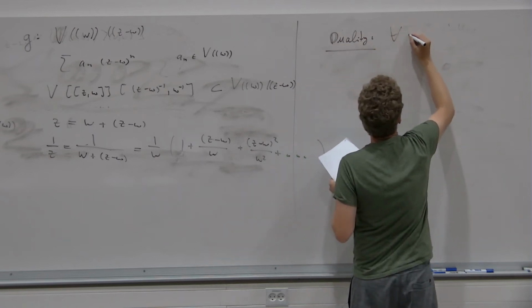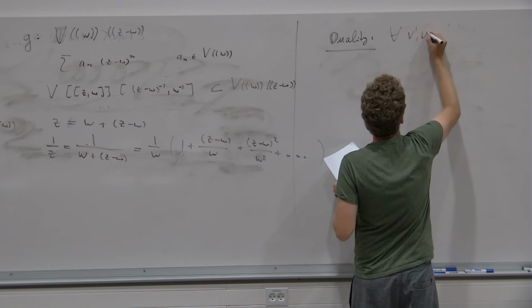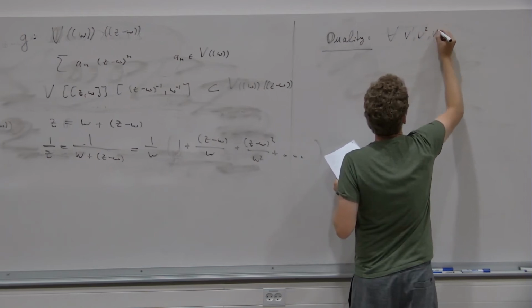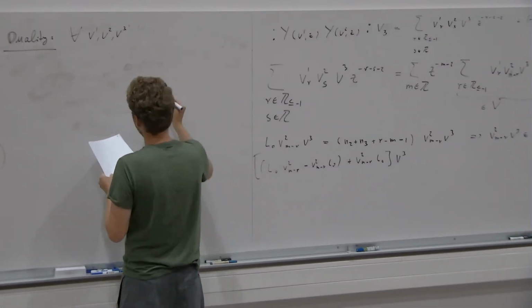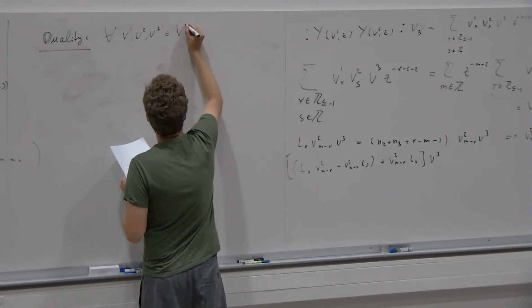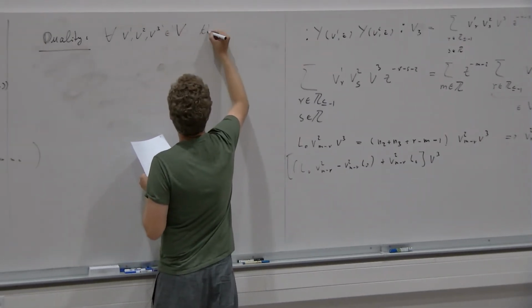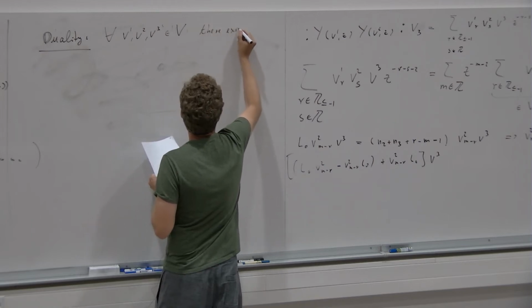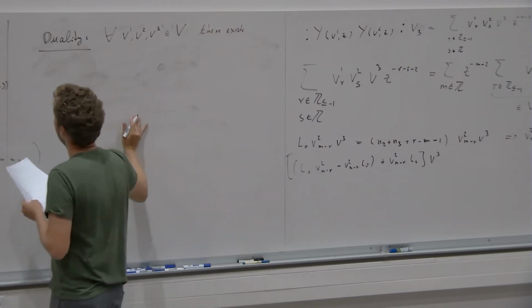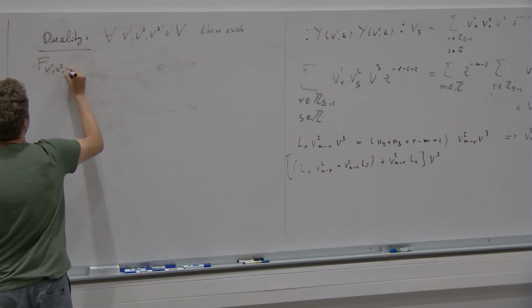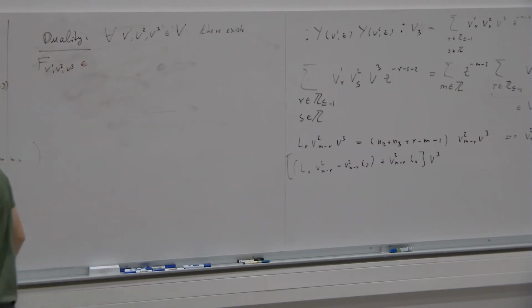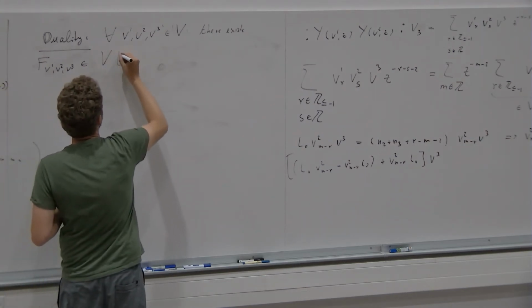So for all, we fix three vectors in our vertex algebra. There exists a power series, let's call it f of v1, v2, v3, in the space on the top.